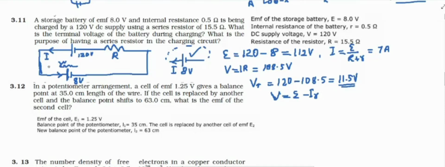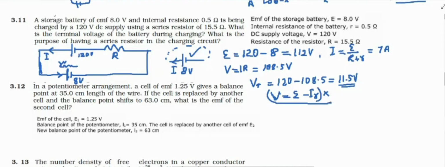But during charging, current enters the positive terminal. That means current changes its direction. As the current changes its direction, we cannot use this formula, because current is in the opposite direction. So which formula do you have to use?